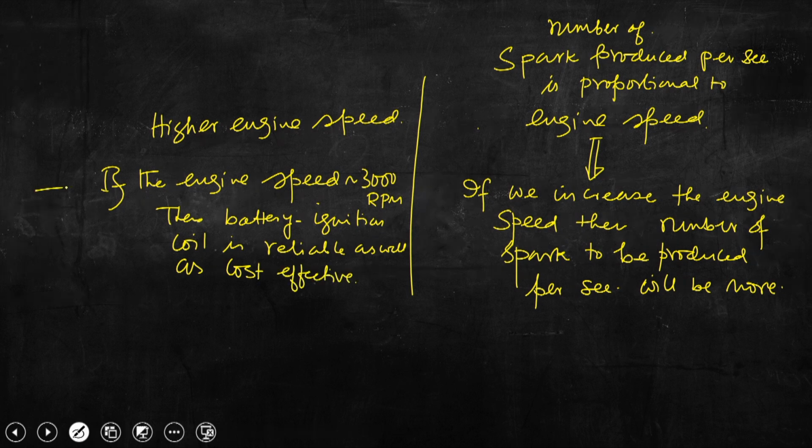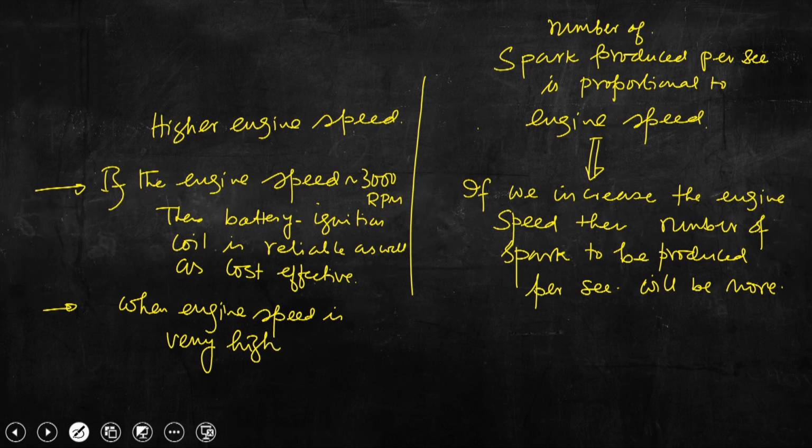But the question is, when engine speed is very high, say for example for racing cars, engine speed is very high, even beyond 5000 rpm.